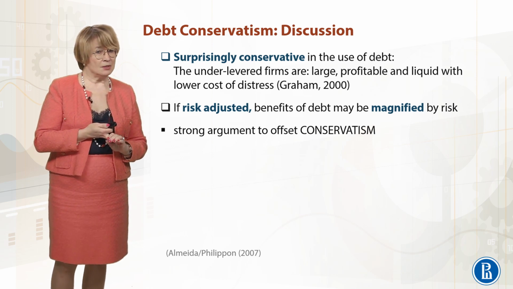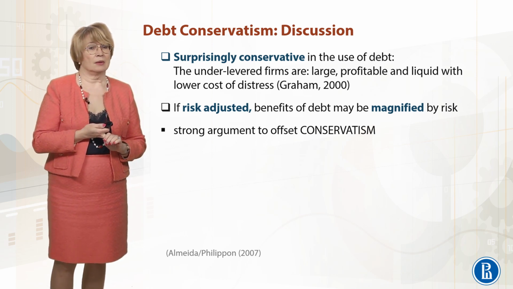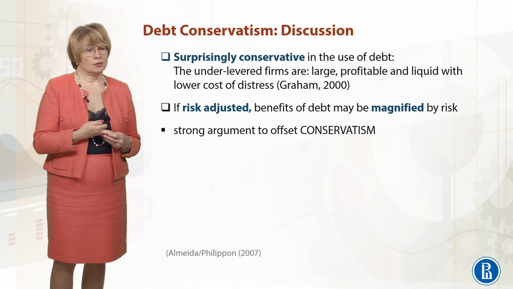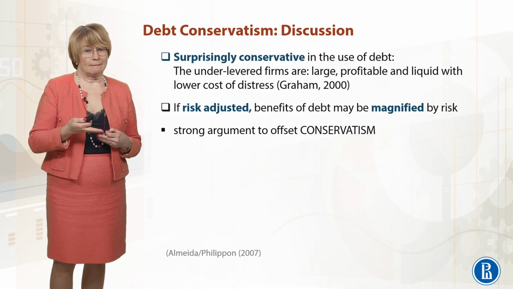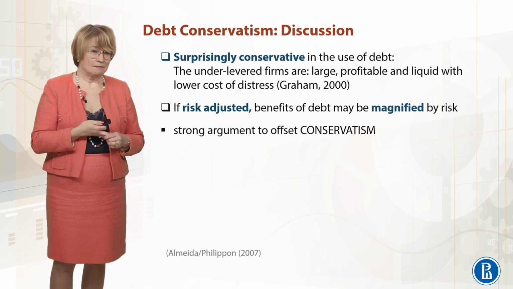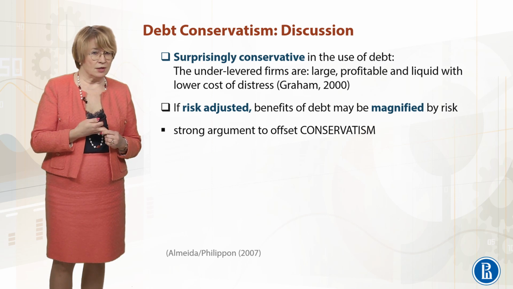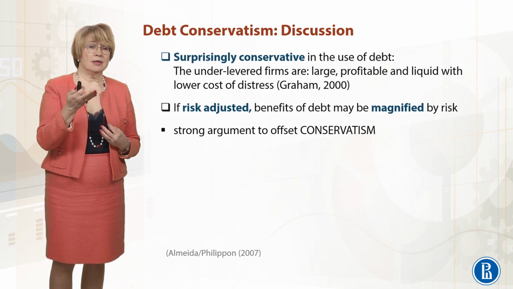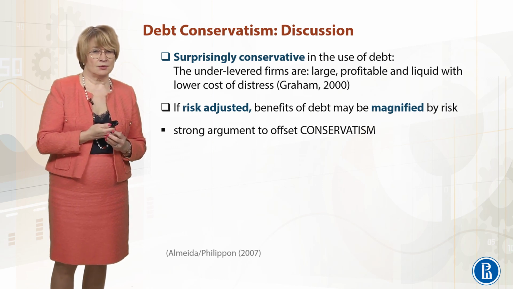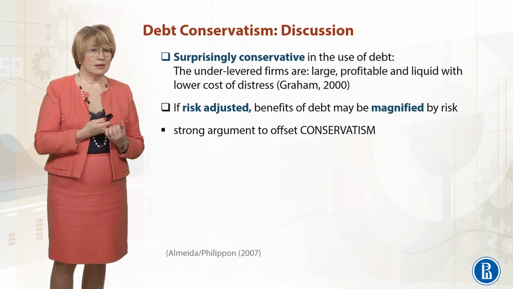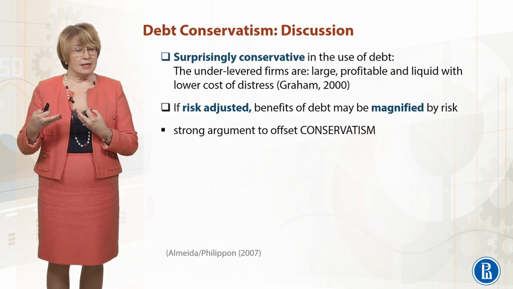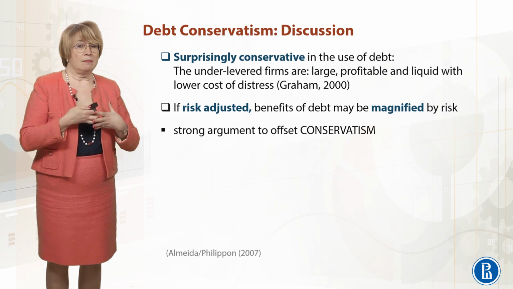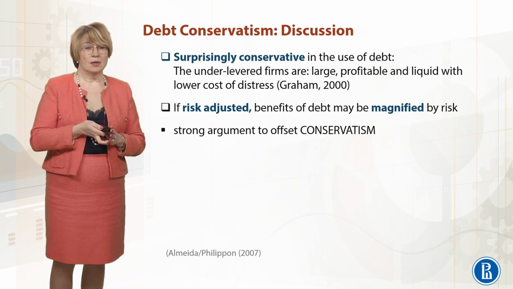In some other papers, the researchers applied additional efforts to adjust the level of the leverage to the risk. And those researchers, one of those papers is shown here on the slide, said that the benefits of debt may be even magnified by the risk level of the company.